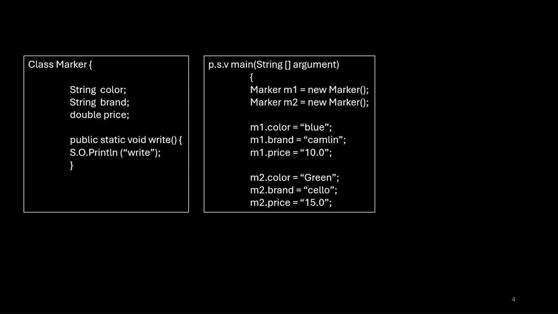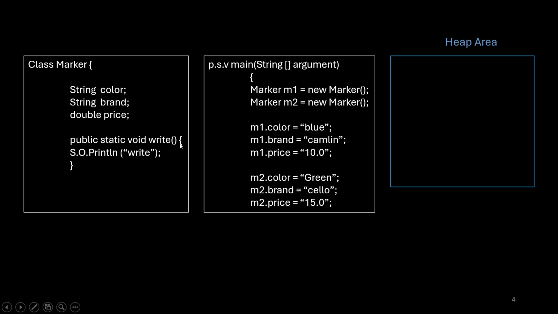By using your marker, you write something on your board. So that is a method, public static void write. Inside write, we have System.out.println write. When your compiler or user calls write, it will print the write.